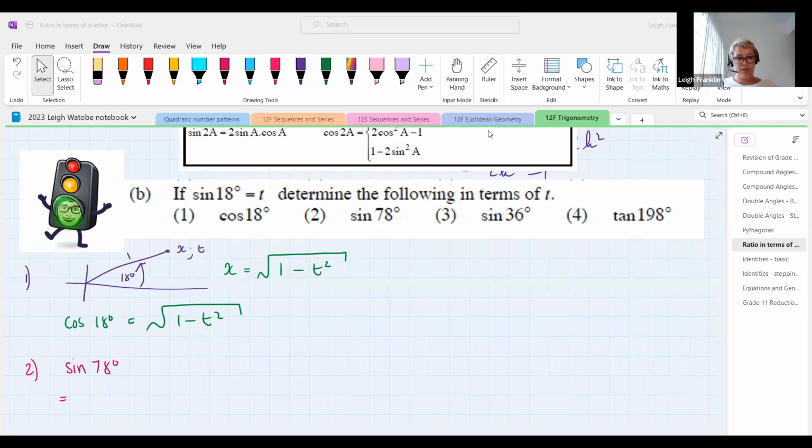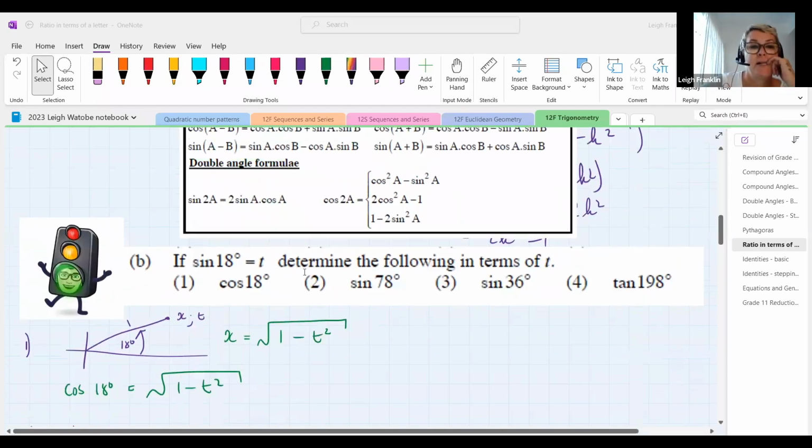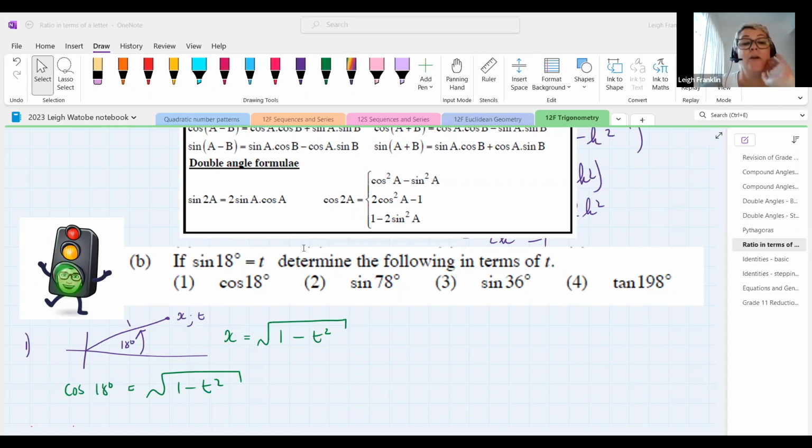What sort of angles did you use here? The sine of 78. Okay, so Faheen did 2 times 39. But the only problem with that, Faheen, is that our diagram was in terms of 18.